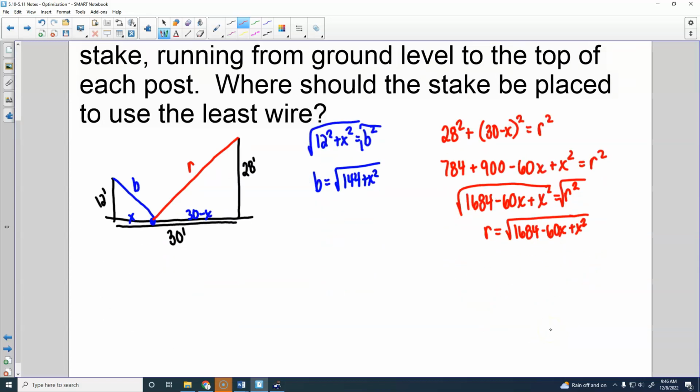And so what we want to write is an equation for the amount of wire. So I'm going to call this W for our amount of wire. It would be B, which is square root of 144 plus x squared, plus R, square root of 1684 minus 60x plus x squared.